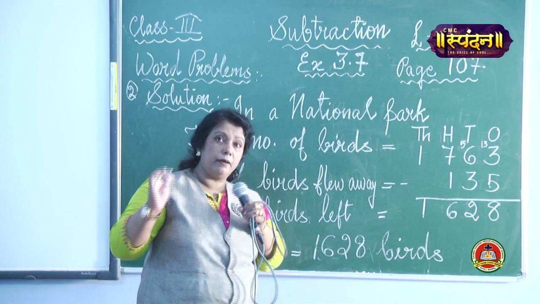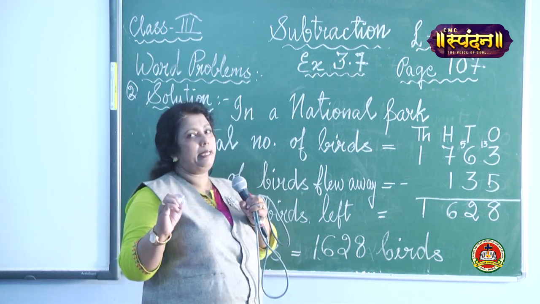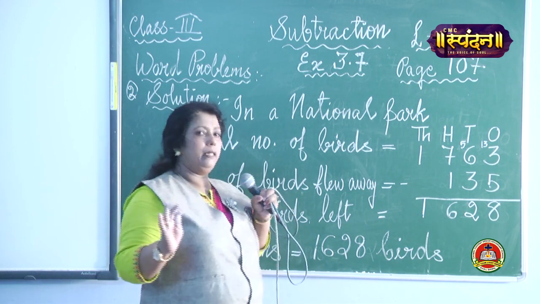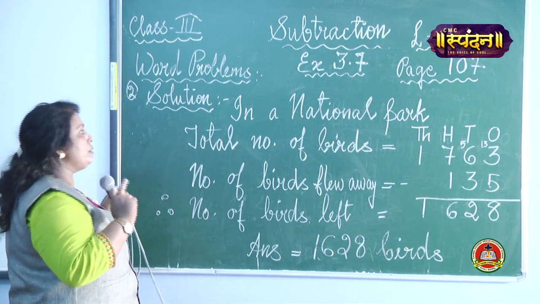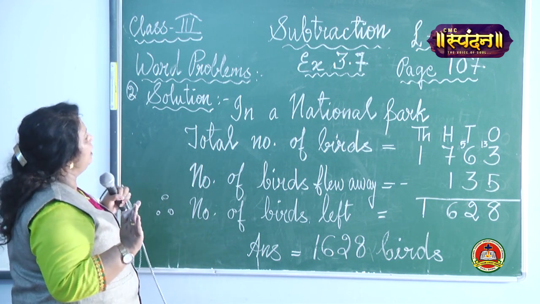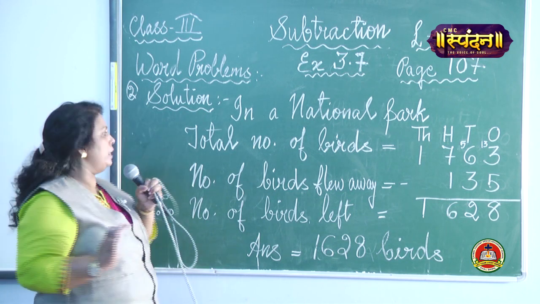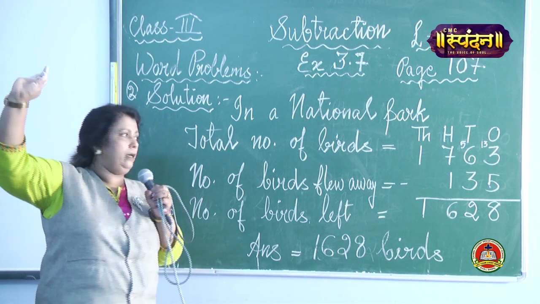Children, you can write in rough copy first, then we can copy down in the fair copy, right? पहले rough copy में लिख लीजिए, then write down in the fair copy. I hope it's clear. In a national park, total number of birds कितने हैं? 1763. Okay? Number of birds flew away, उड़ गए.